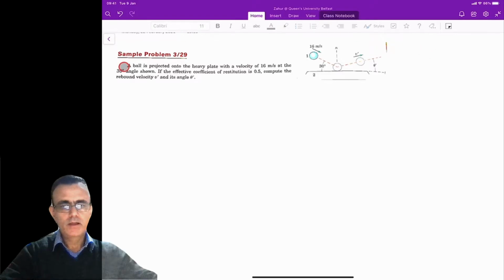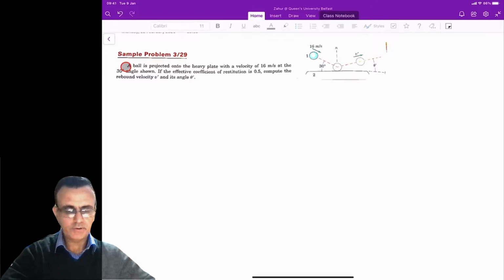Okay, so in this example, which is again taken from the JL Merriam book and is one of the examples in your tutorial sheet, this is obviously oblique impact. A ball is projected onto a heavy plate with a velocity of 16 meters per second, and the angle is also given, which is 30 degrees.